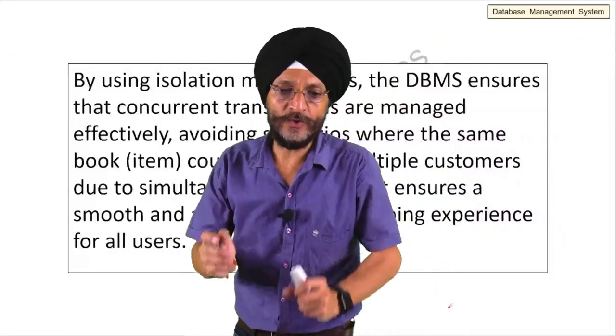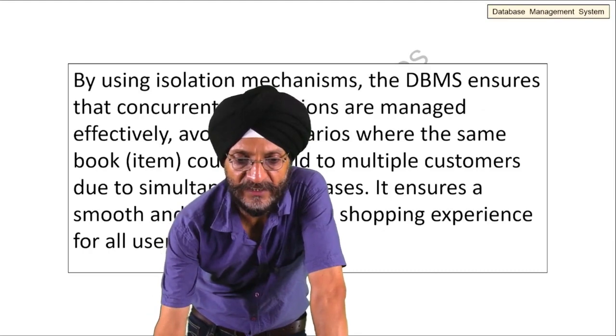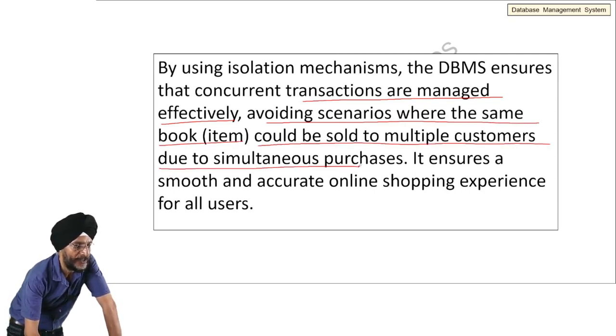By using isolation mechanisms, the DBMS ensures that concurrent transactions are managed effectively, avoiding scenarios where the same book or item could be sold to multiple customers due to simultaneous purchases.